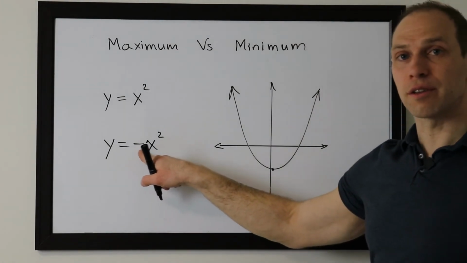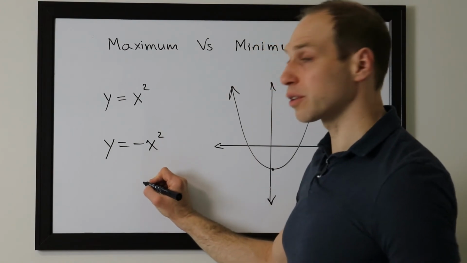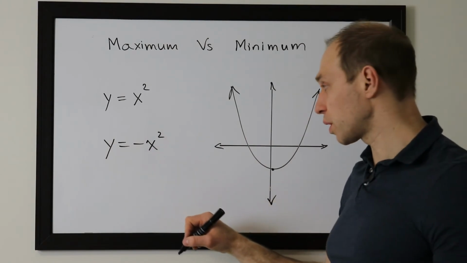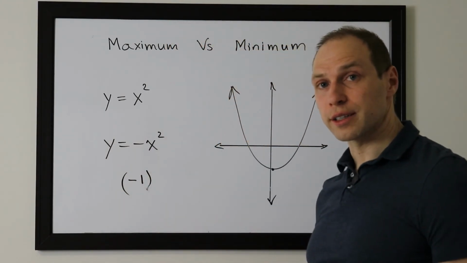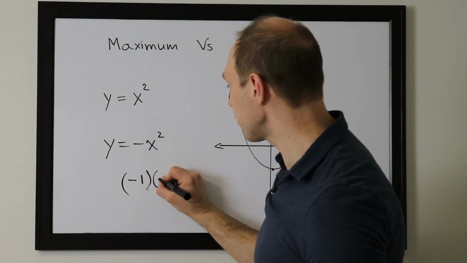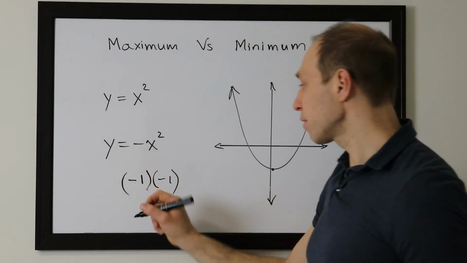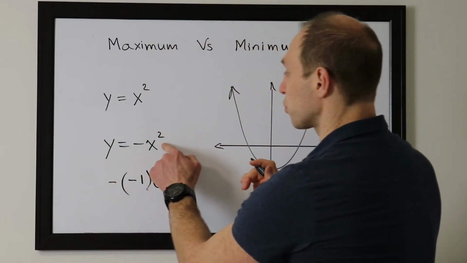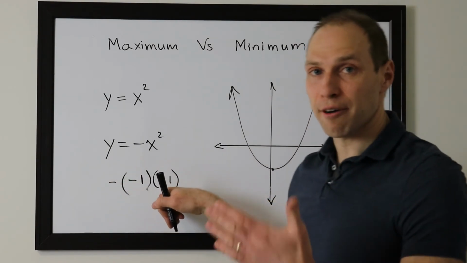If you have a negative sign in front of x squared, it doesn't really matter what number you plug in for x, whether it's positive or negative, our answer will always be negative. Let me show you what I mean by that. If you plug in negative 1 for x, squared means you multiply this number by itself. However, there's a negative in front of x squared. This negative really tells us that whatever you were squaring, that negative impacts your answer after.